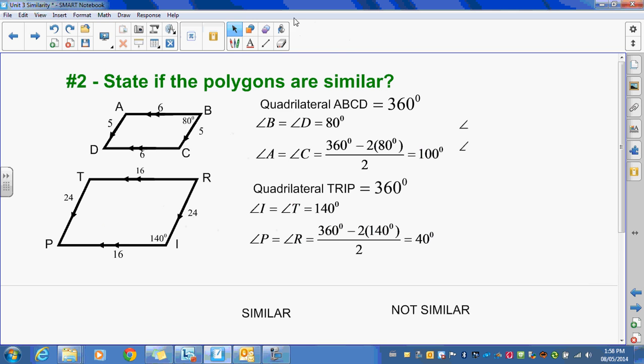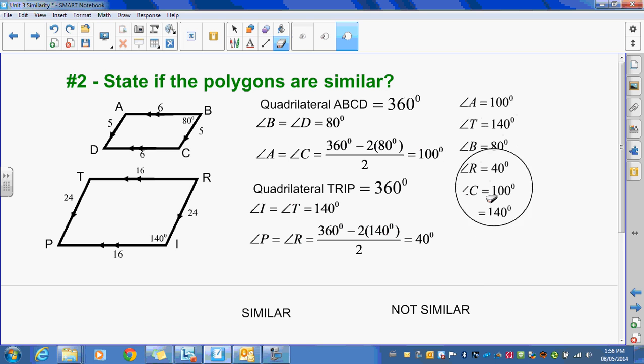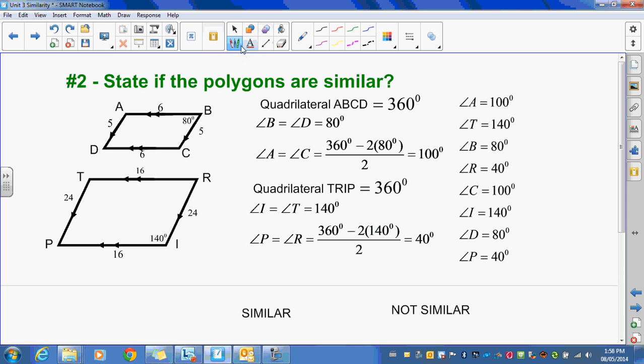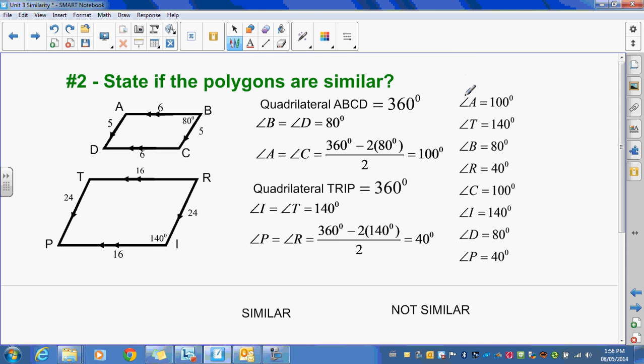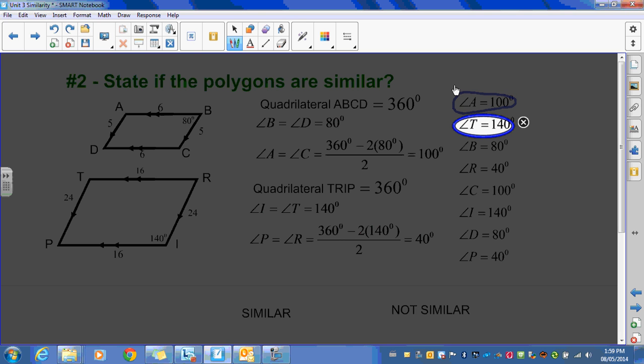Now we can write out what we know. And so here's all the information that we found out about our angles. So now if we take a look at our corresponding angles, then we would be looking at angle A and angle T. So are these two the same measure?